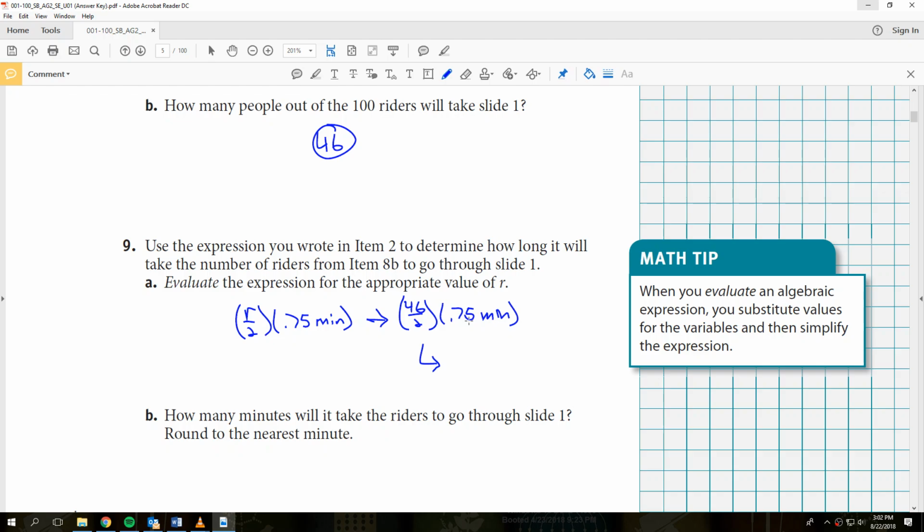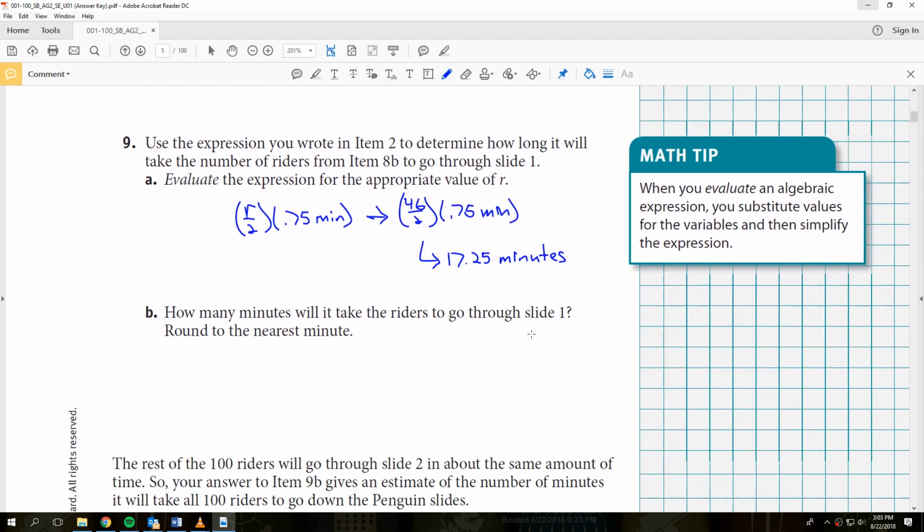So 46 divided by 2 is 23, times 0.75 or 3/4, which would be 17.25 minutes. A little sloppy there. Evaluate the expression for the appropriate value of r. Let's see, did I do the wrong thing here? How many minutes will it take riders to go through slide 1, round to the nearest minute?